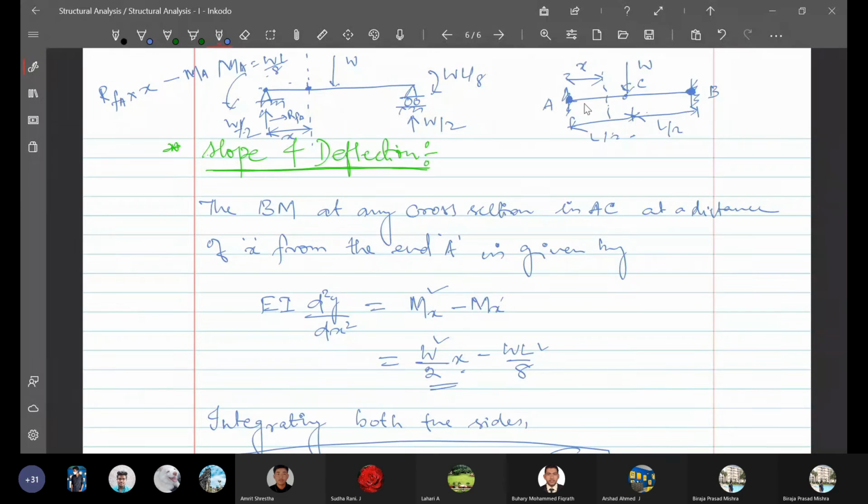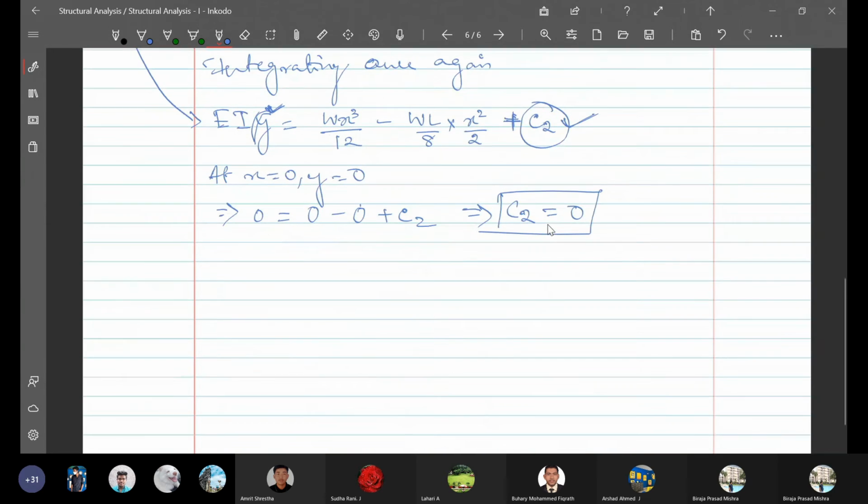So the maximum deflection at the center, we need to find it out. It means at x equals L by 2. At this point, what will be the maximum deflection?